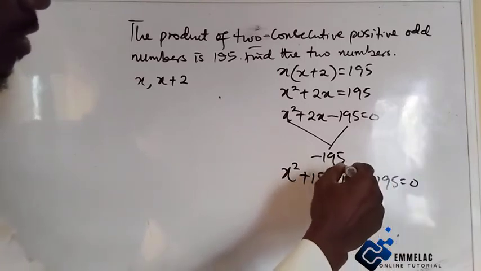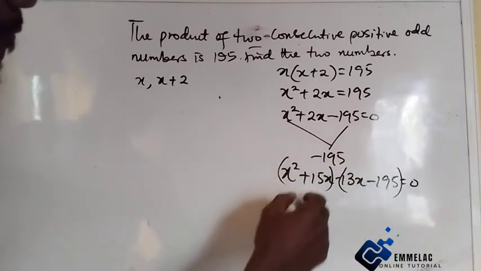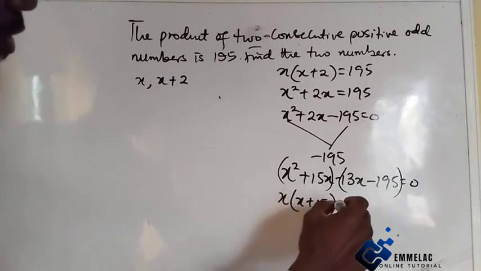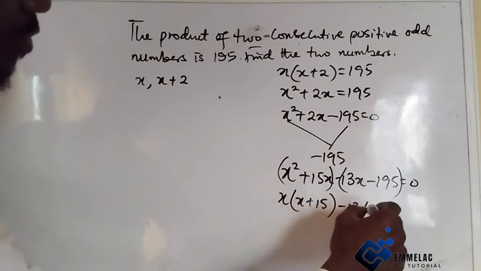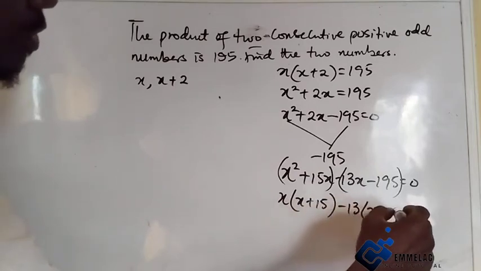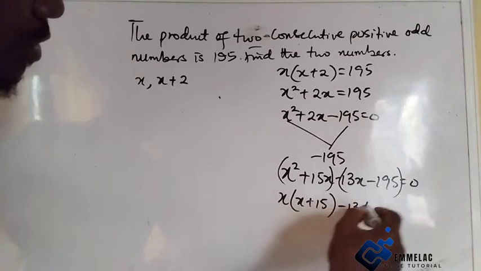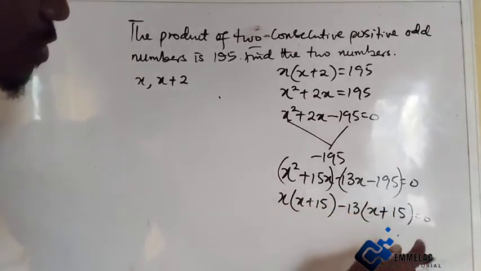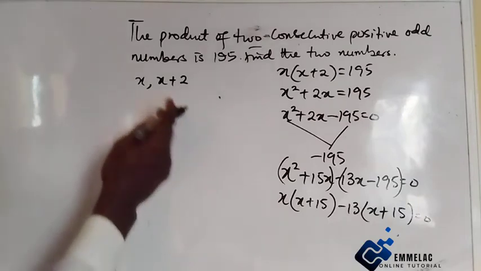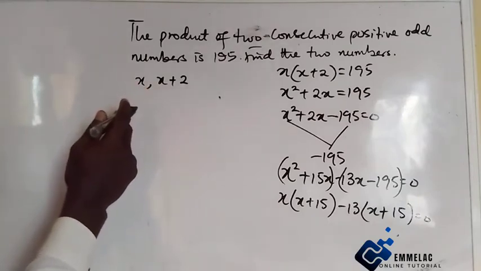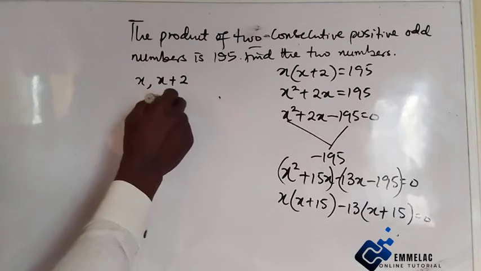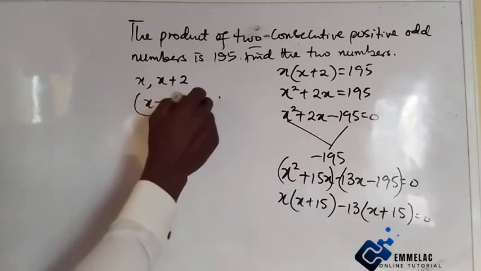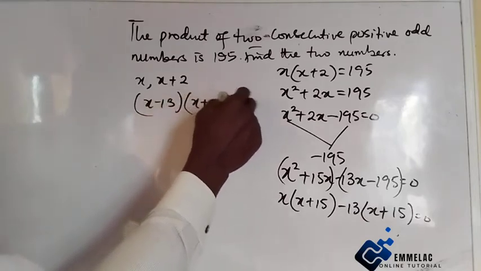So we can now collate. What is common here? We have x into x plus 15, then minus 13 into x plus 15 equals 0. So in a nutshell, we have x minus 13 and x plus 15 equals 0.